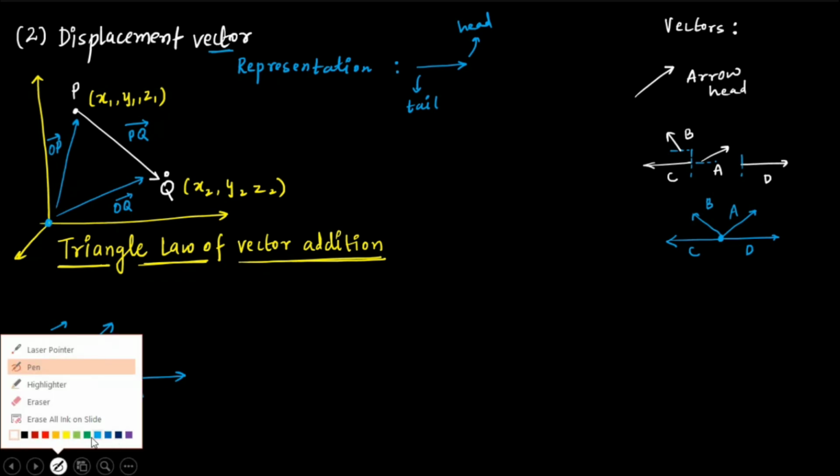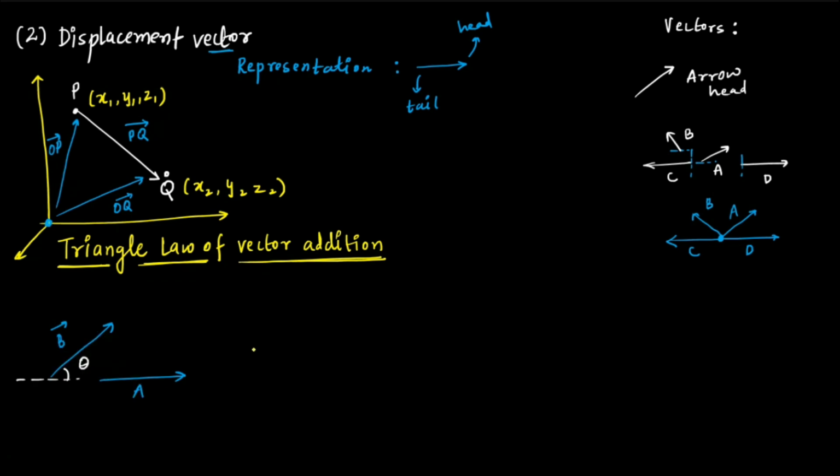If I want to add them, the first step I will do is I'll bring them in this order only. Again, I'll join them only in this order. Tail to head, tail to head. So A is like that.